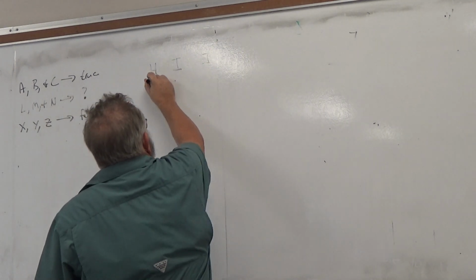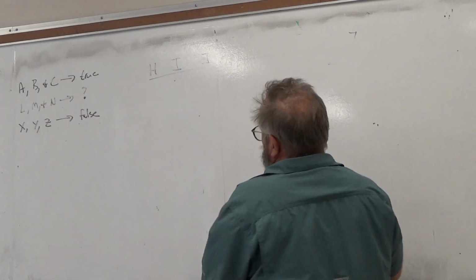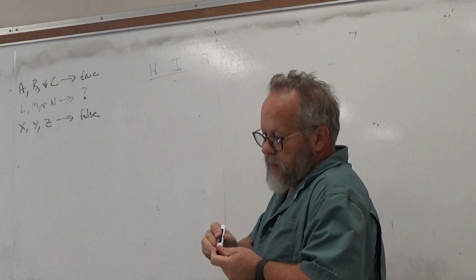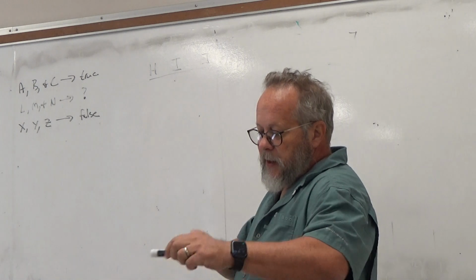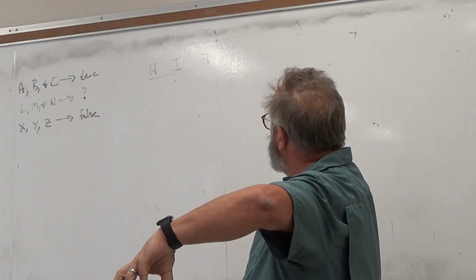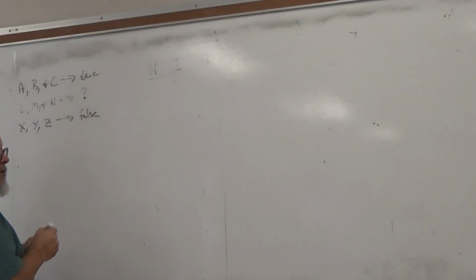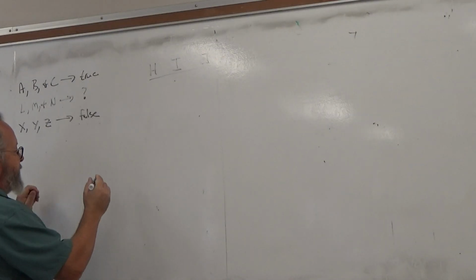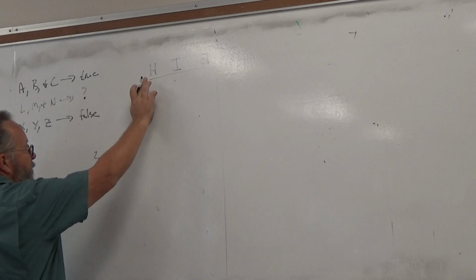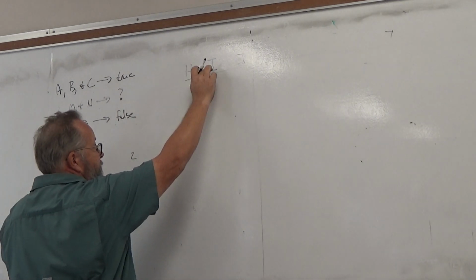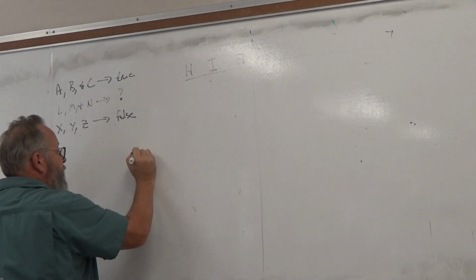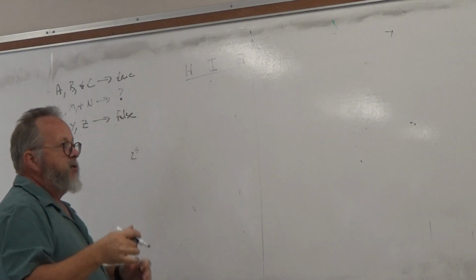Okay, and what that means for us is that we're going to need 8 rows to exhaust all the possible combinations. Remember, it's 2 to the n, where n is the number of statement constants. 1, 2, 3, so it's 2 to the third, which is 2 times 2 times 2, which is 8.